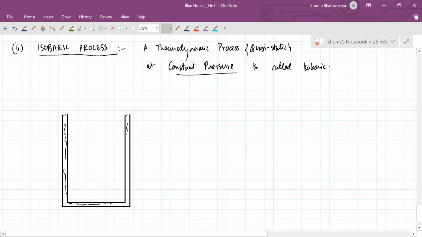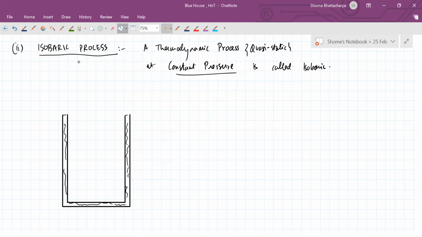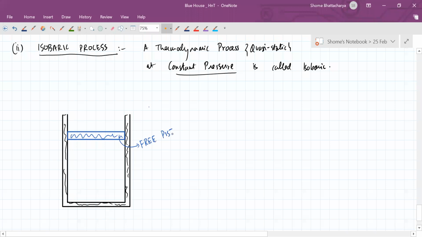So I'll explain what I mean by that. So suppose the mass of the piston is negligible and the area of cross section is A, then the gas inside is at a fixed pressure of atmospheric pressure plus mg by A.